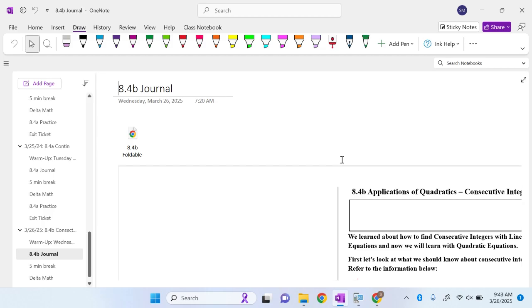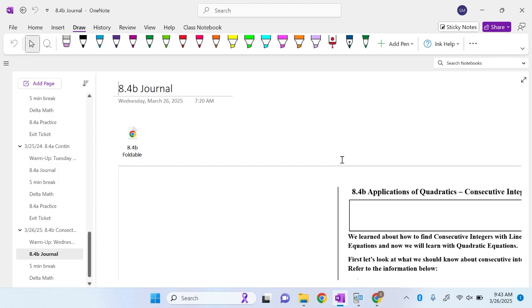What about consecutive odd? So two odd numbers that are next to each other in order on a number line. So -1 and 1 are two consecutive odd integers.